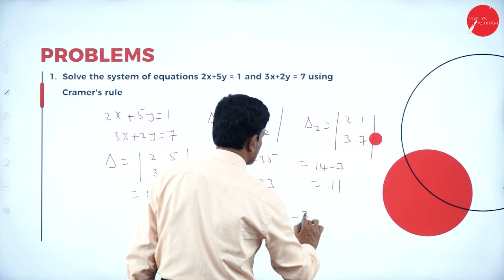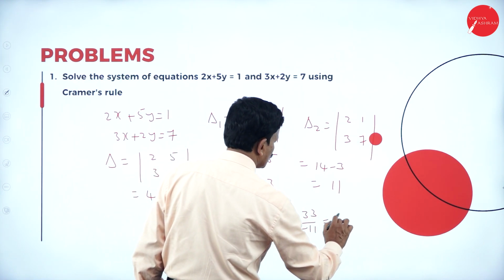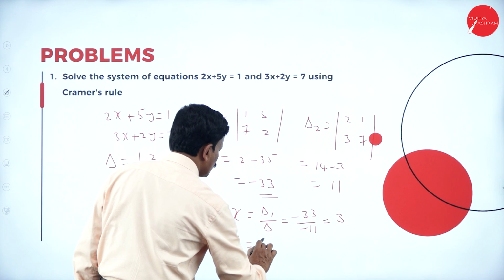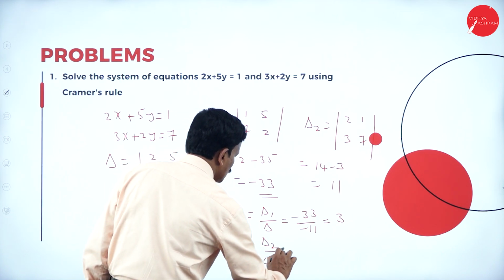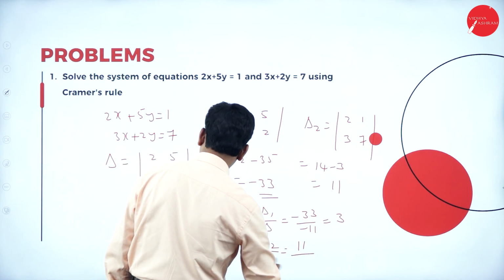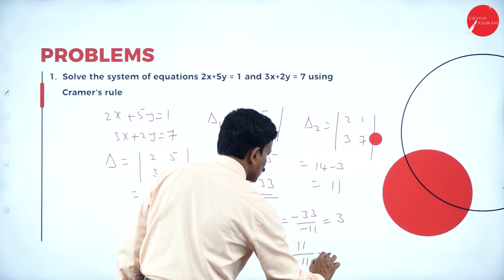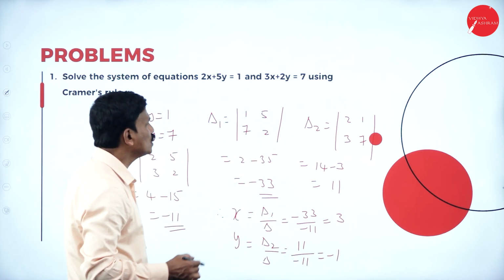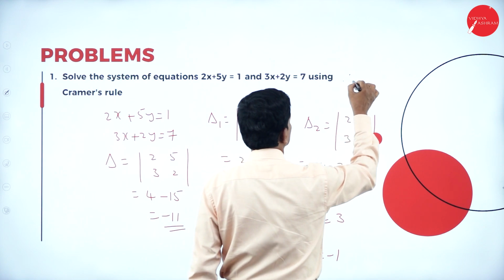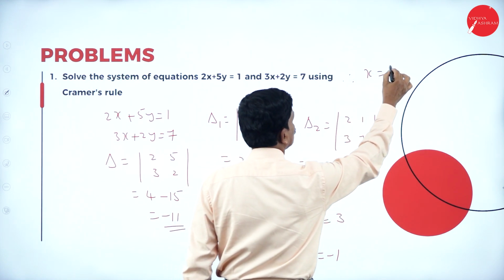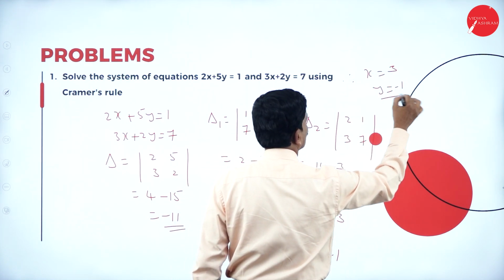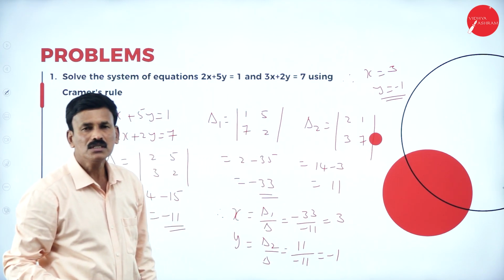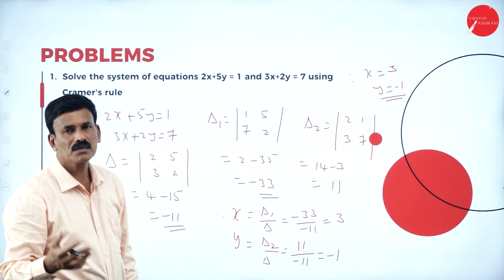Delta 1 is minus 33 by minus 11, that's equal to 3, and y is equal to delta 2 by delta. Delta 2 is 11 divided by minus 11, that's equal to minus 1. So therefore x is equal to 3 and y is equal to minus 1. That's it. This is how we are going to solve using Cramer's rule.